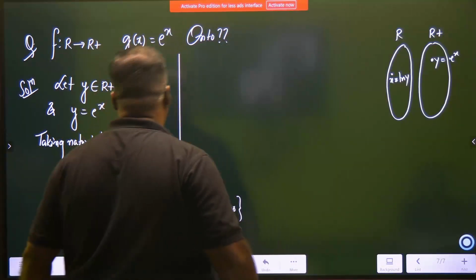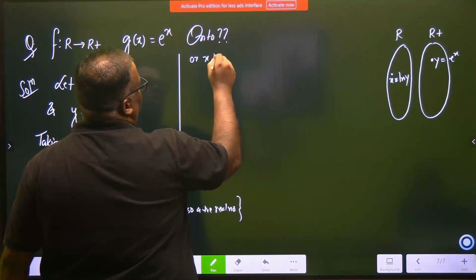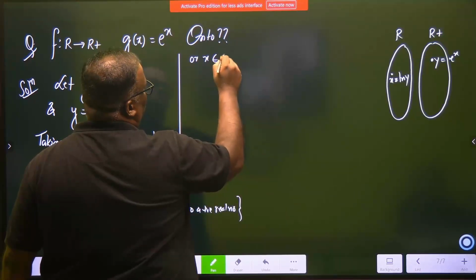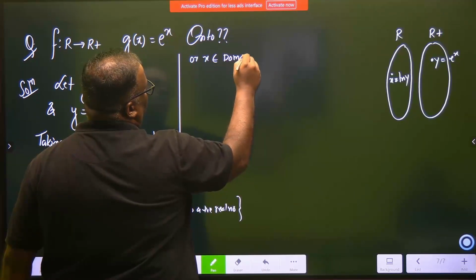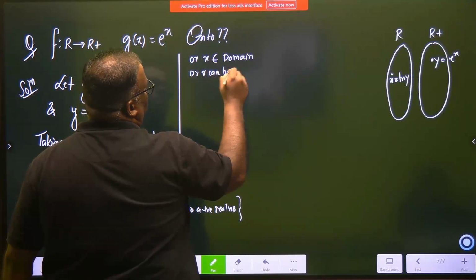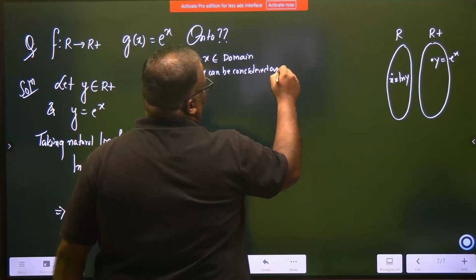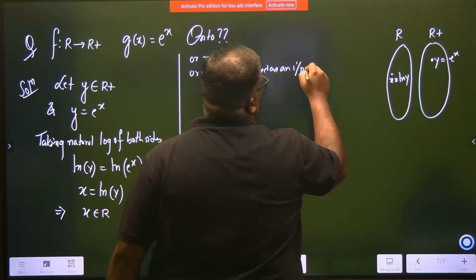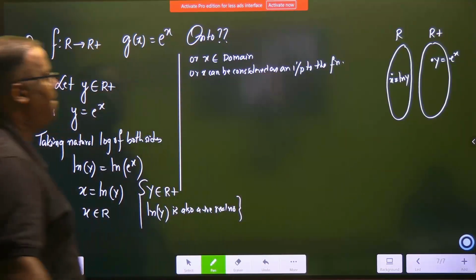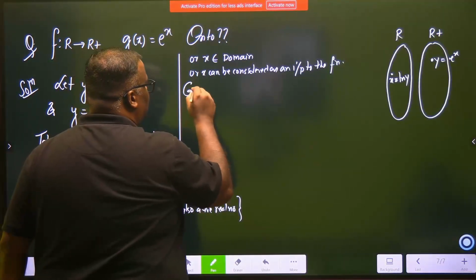So x belongs to R, or x belongs to the domain, or x can be considered as an input to the function, right?